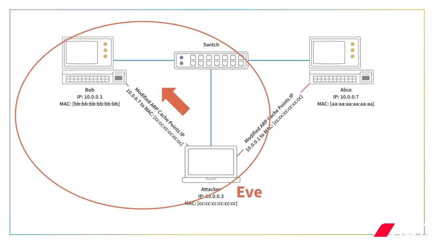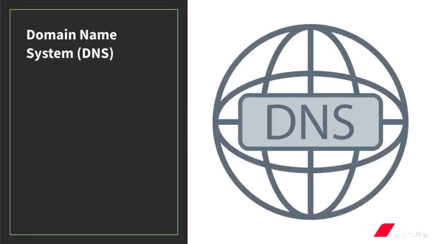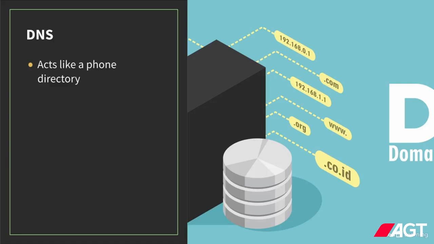Domain Name System, or DNS, is an application layer protocol. It uses UDP instead of TCP at the transport layer because it doesn't require a reliable connection. As its name suggests, DNS acts like a phone directory.